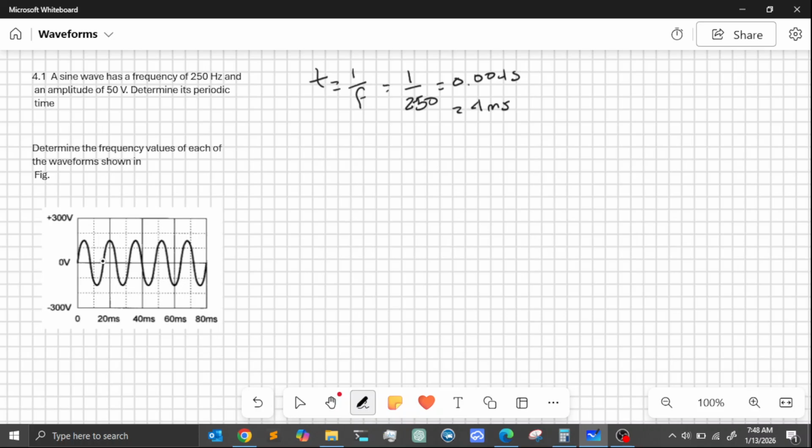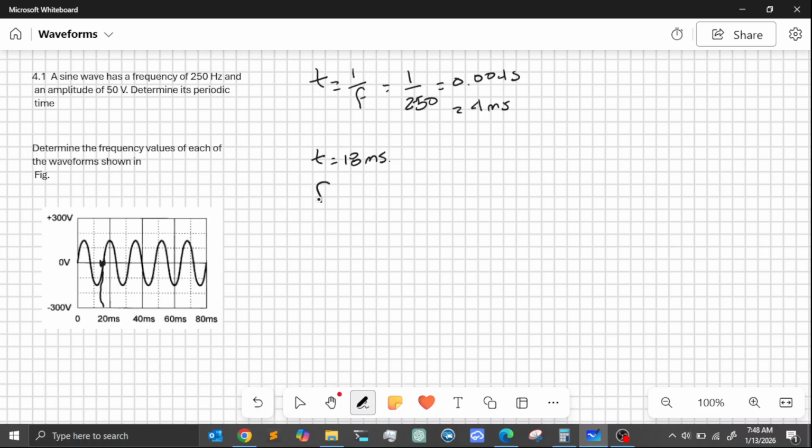It is completed right about this point here. So I would say somewhere around 17, 18 milliseconds. So my period is 18 milliseconds.